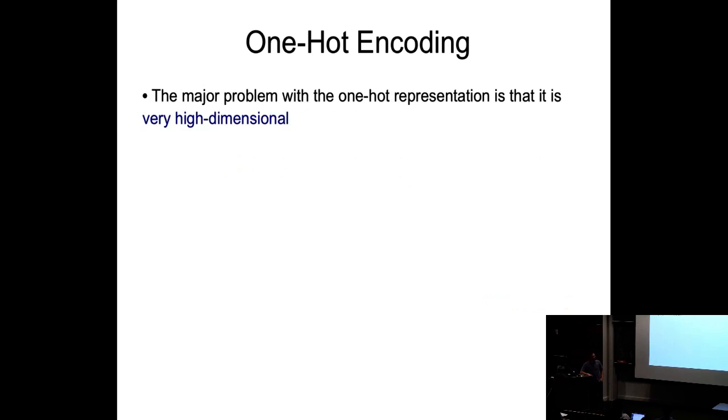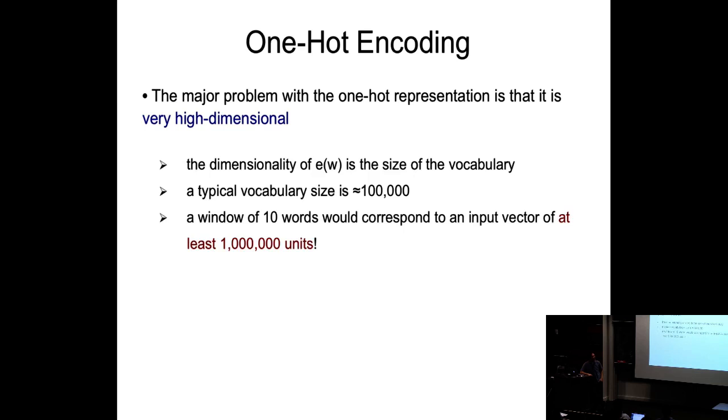Now, the major problem with one-hot representation is that it's very high dimensional. The dimensionality of this one-hot representation, E of W, is the size of the vocabulary. There's no way around it.